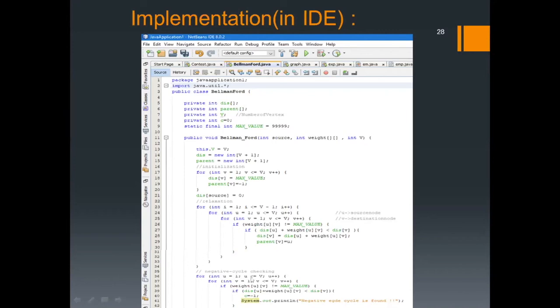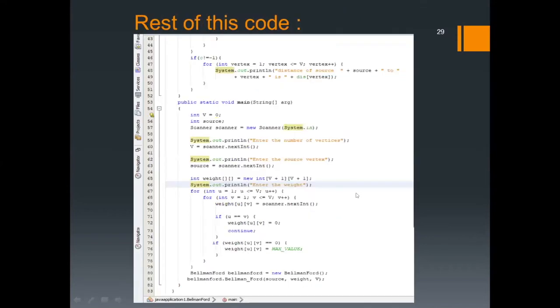And here the checking part, I iterate this loop one more time, and if our distance of v is updated, then our algorithm returns here negative edges cycle is found. So here is the print, here I used this for loop to print our graph and distance of graph.